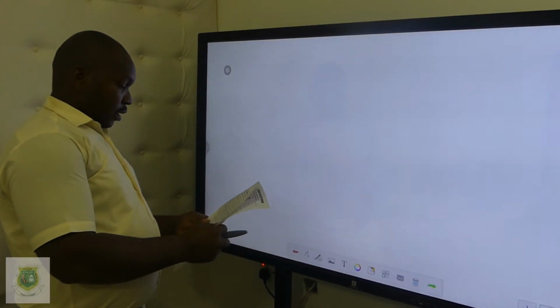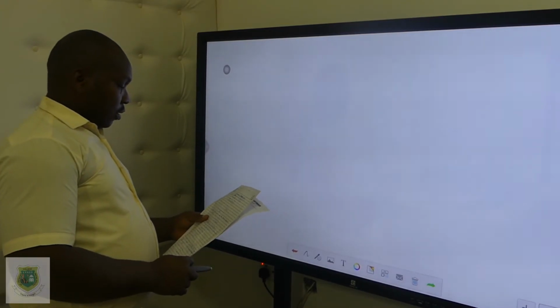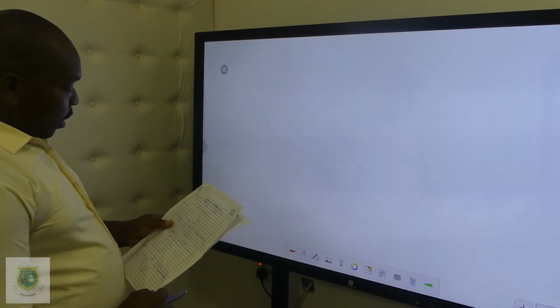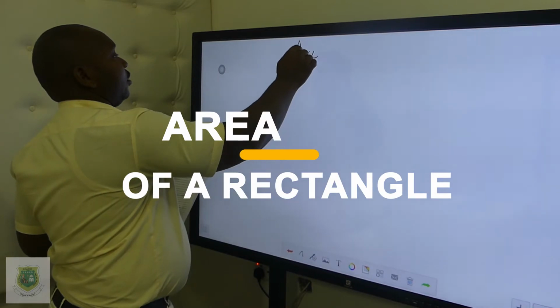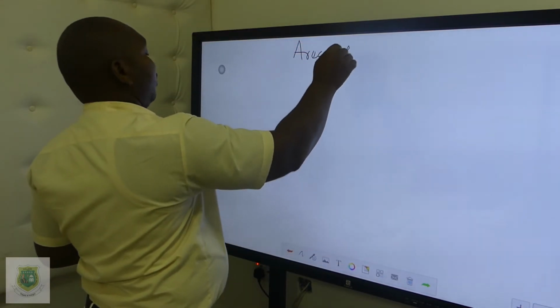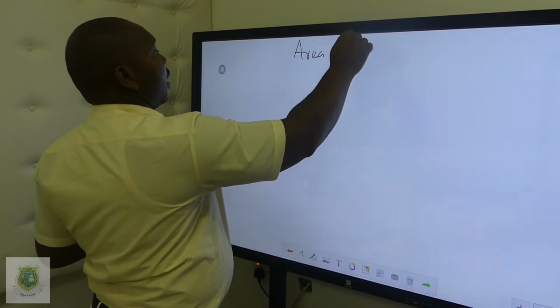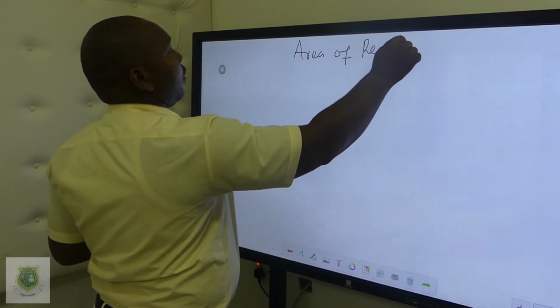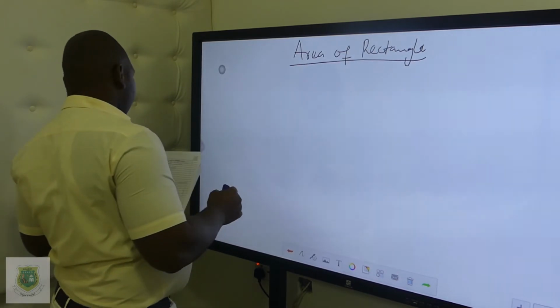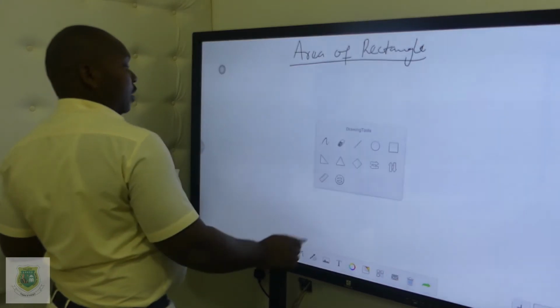The one we are going to do again now is the rectangle, the area of a rectangle. The rectangle is this.